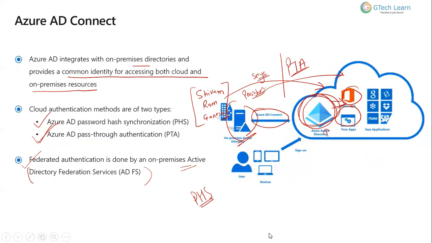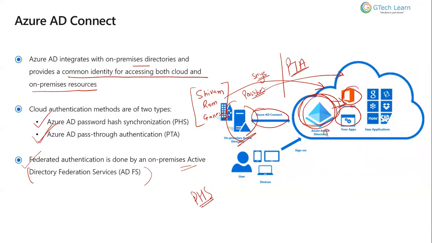Then, if I'm talking about the federation integration, that is an optional part of Azure AD Connect, and it can be used to configure a hybrid environment using an on-premises Active Directory Federation Server infrastructure. It also provides ADFS management capabilities like certificate renewal and additional ADFS server deployments.